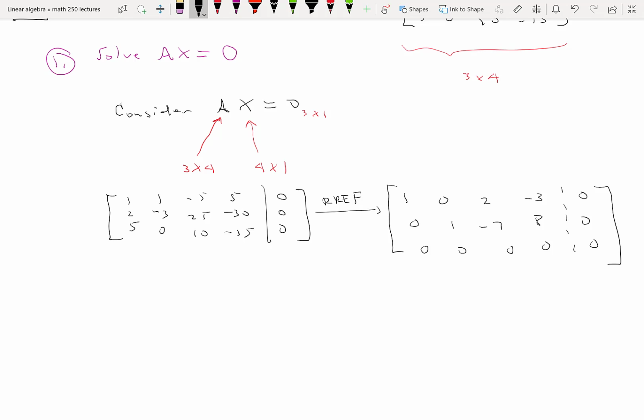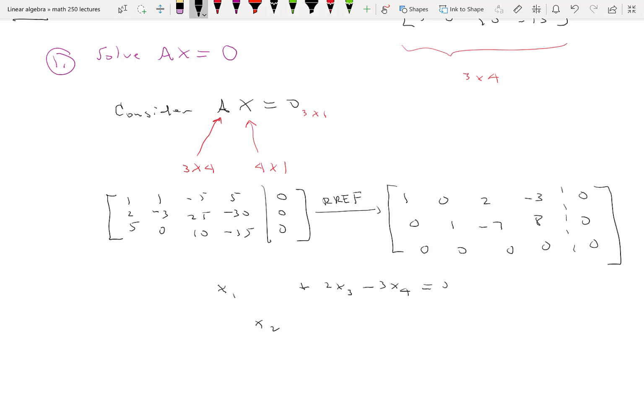Now keep in mind we're looking for a basis for the null space. We're looking for a basis for the set of all solutions to the system. So we really need to solve the system. What does the final matrix tell us? It tells us that x1 plus 2x3 minus 3x4 should equal 0.